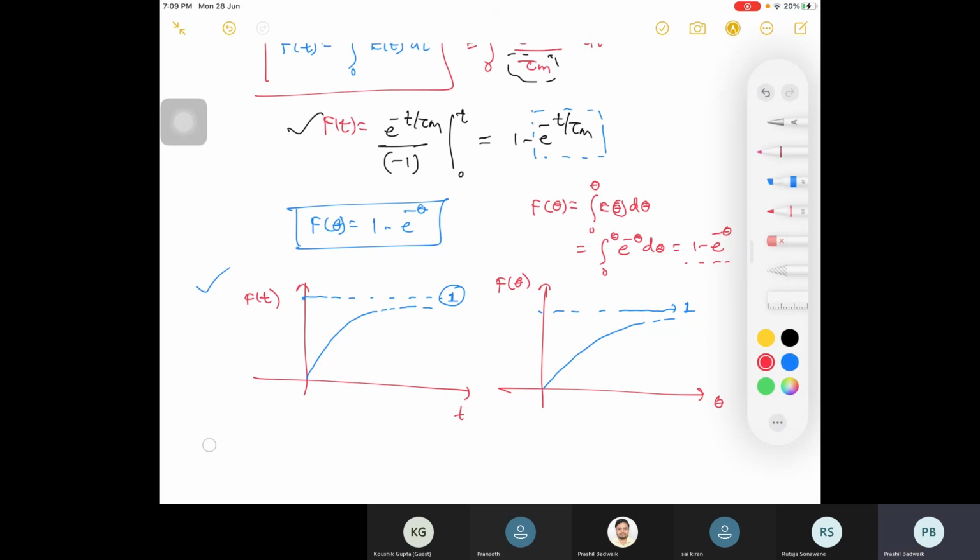What is F of theta? The normalized cumulative RTD. Please be careful while writing this. Suppose they are not asking for F of theta but write normalized cumulative RTD, you need to understand it is F of theta. Because your cumulative RTD is F of t, and if I normalize it, you have F of theta.